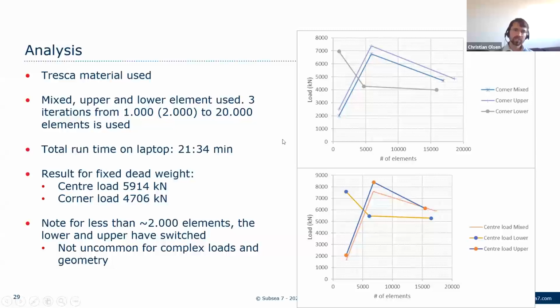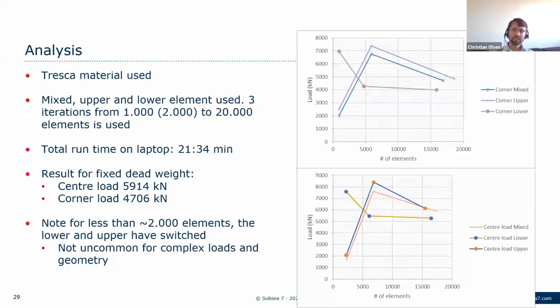So the result here is that if the load is located in the center, you will have 5,914 kilonewtons. And if it's on the corner, the capacity is 4,706 kilonewtons. So having a torsion on this foundation really brings the capacity down.